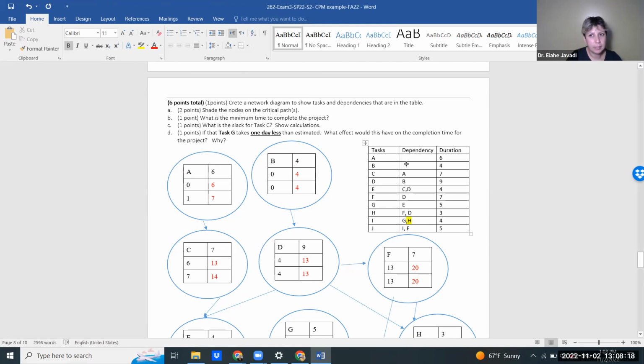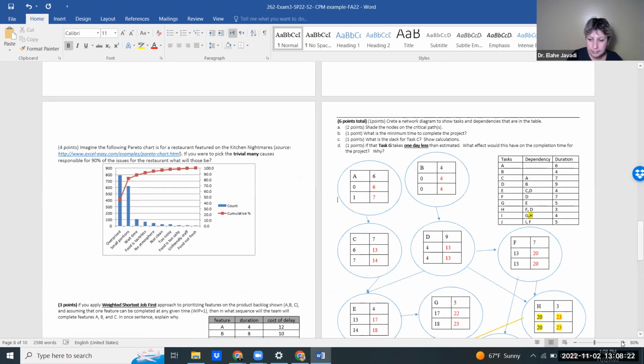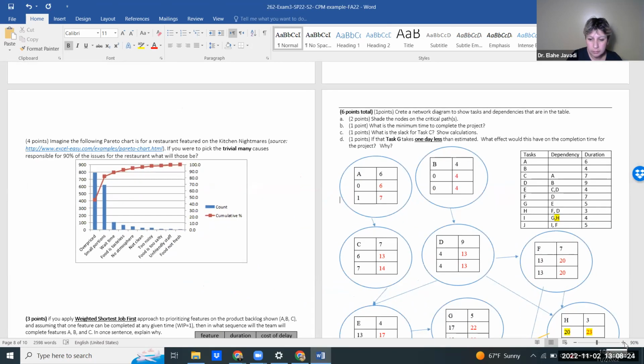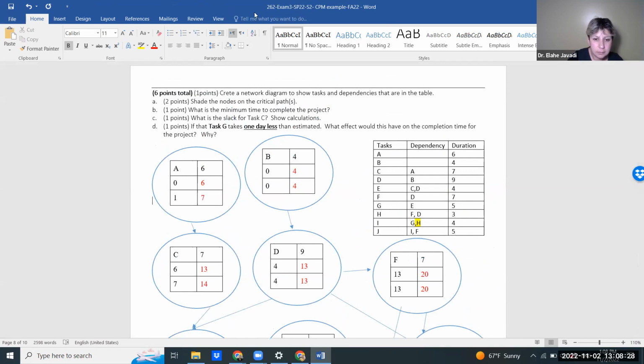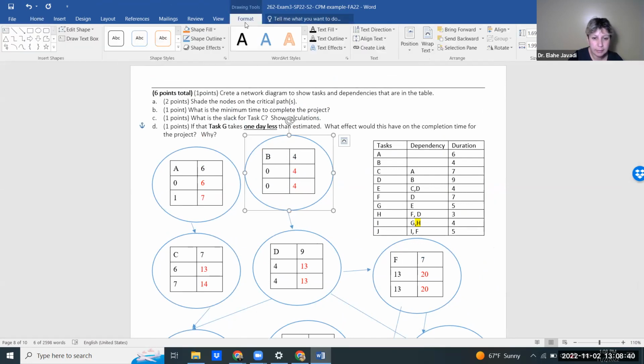You're gonna do that with me on your paper and pencil example or on your Microsoft Word example. Just if you arrived late, this is spring 2020, exam 3, section 2. So you will find that on spring 2020. So I'm going to highlight the critical paths based on the tasks that have early start and late start, same numbers.